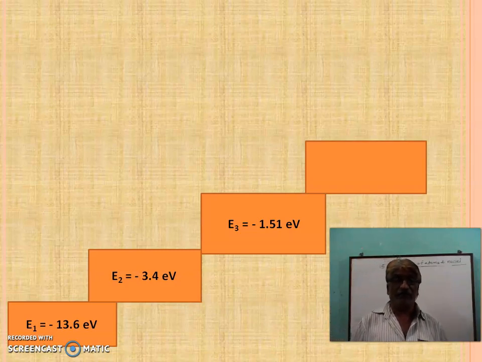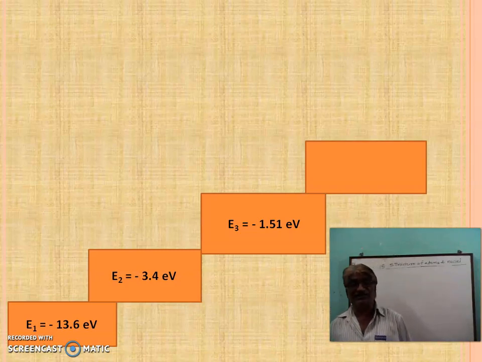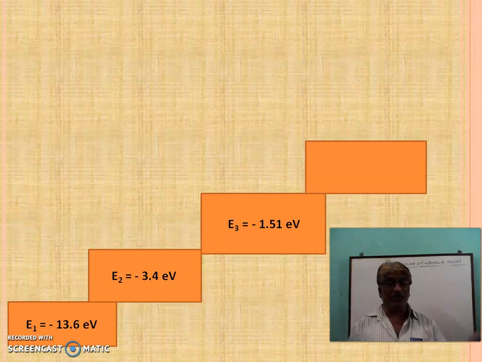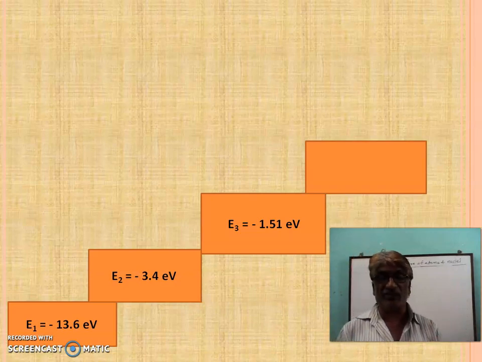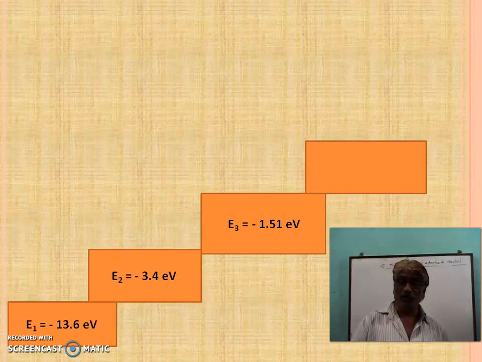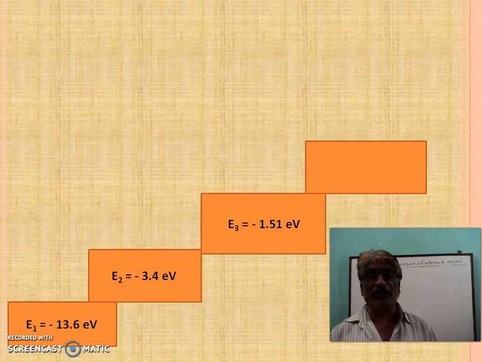Or if another question is asked, if the energy of the first orbit or ground state is minus 13.6 electron volt, what will be the energy of the electron in the third orbit?